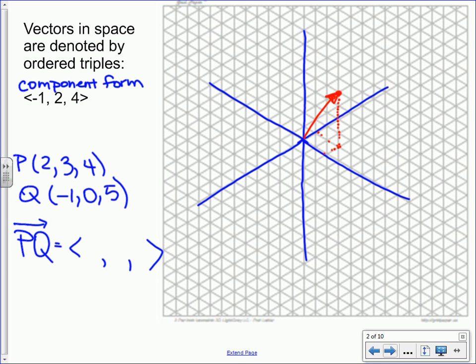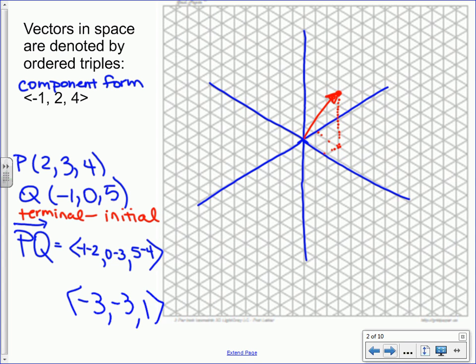What order? Terminal minus initial. So since this is the vector PQ, which one would be our terminal? Q would be our terminal, P would be our initial. So to get the vector PQ, we would take -1 minus 2, 0 minus 3, and 5 minus 4 to get our vector -3, -3, 1.